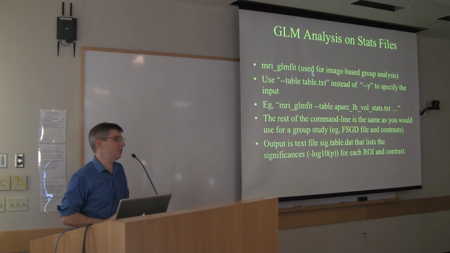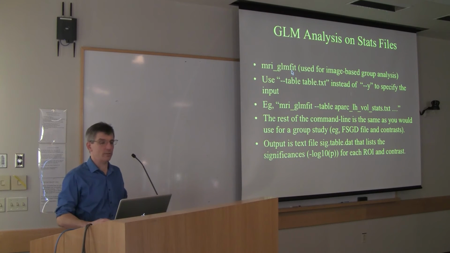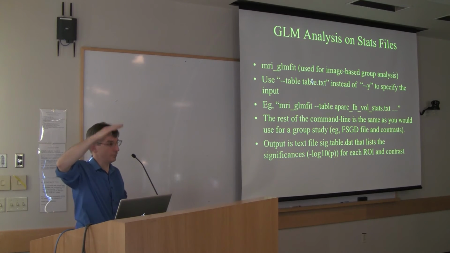If you like having FreeSurfer in your hair, then you can do the GLM analysis inside of FreeSurfer itself using mri_glmfit. You're already familiar with mri_glmfit from Eugenia's talk and the tutorials that you went over. In this case, instead of giving it a --y to indicate that you have image-based data, use --table and you pass it that table. Remember that table is number of subjects by number of ROIs.